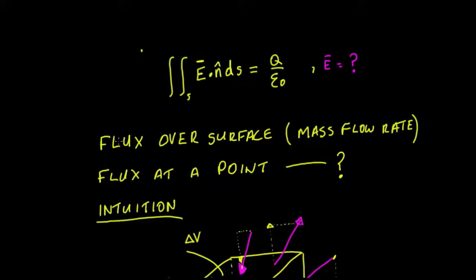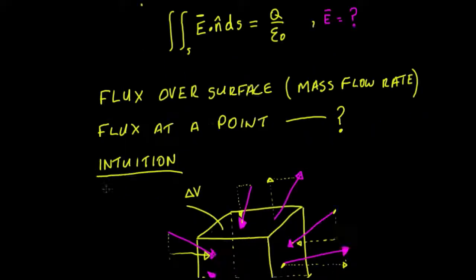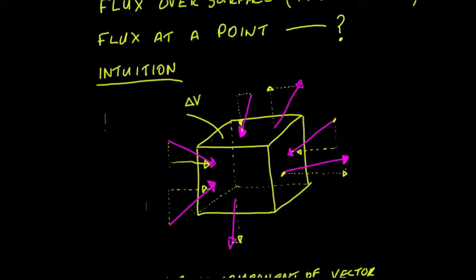So if we think about flux in the way we originally derived it in terms of a mass flow rate, then let's imagine we had some little volume of space, drawn out in a little cube, sitting in some vector field, so it could be sitting in some sort of flow, some sort of liquid. And the arrows that are pointing here represent the arrows of the vector function.